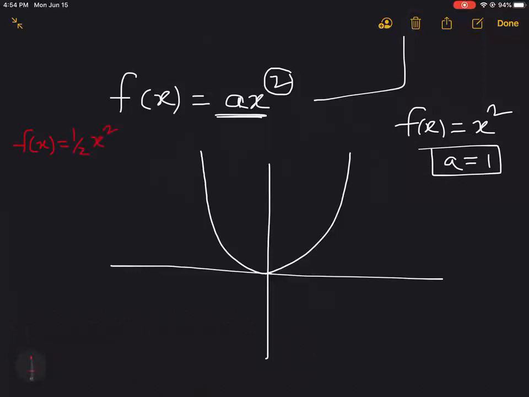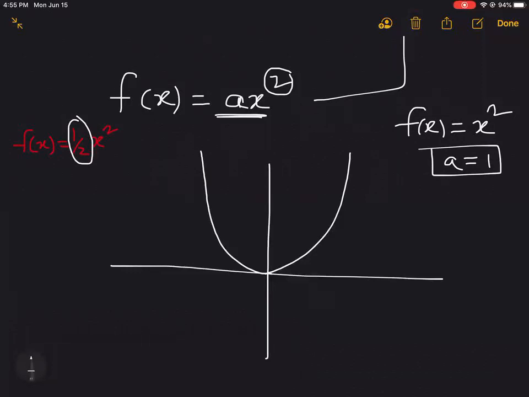Okay, so that means your intuition should say, let me use a different color. Your intuition should say, as you are multiplying this by a half, what does your intuition say? Your intuition should say the entire function will be stretched by 2, right?